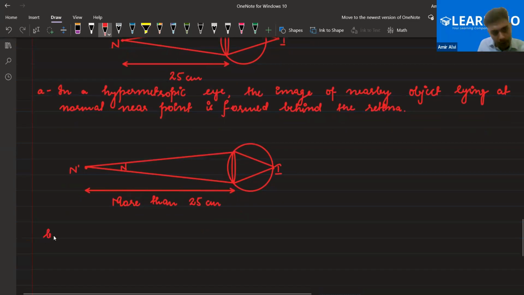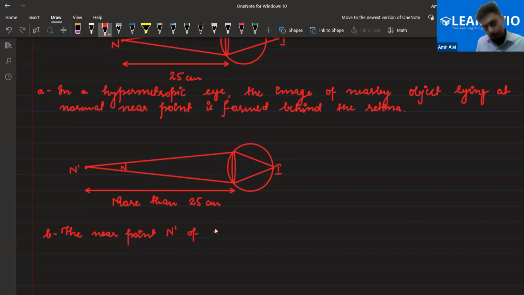For the hypermetropic eye, the near point N dash is farther away from the normal near point N.